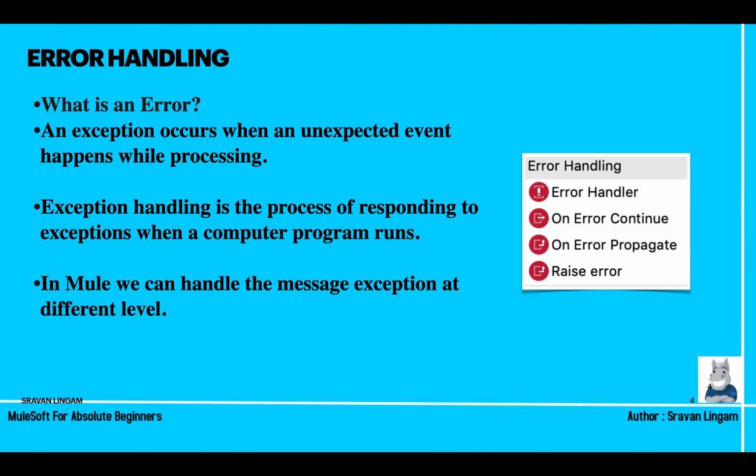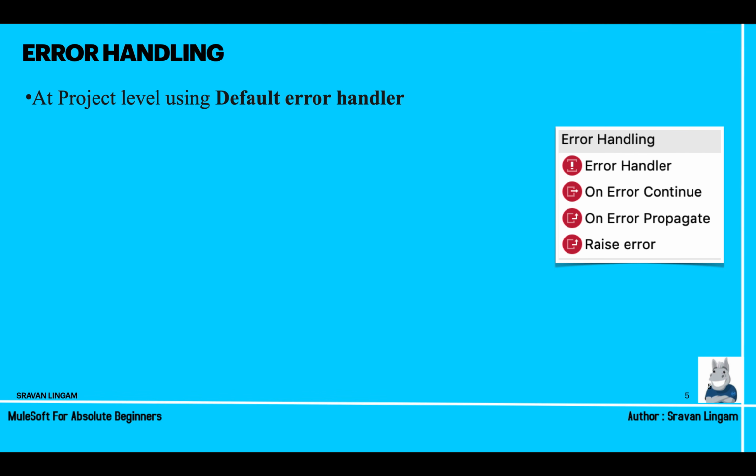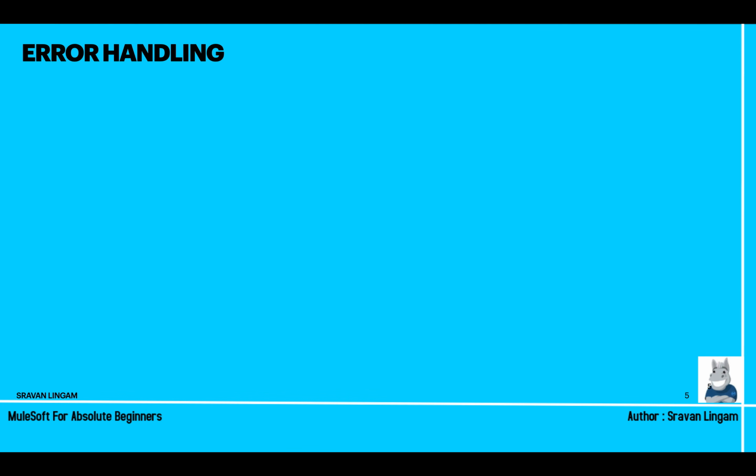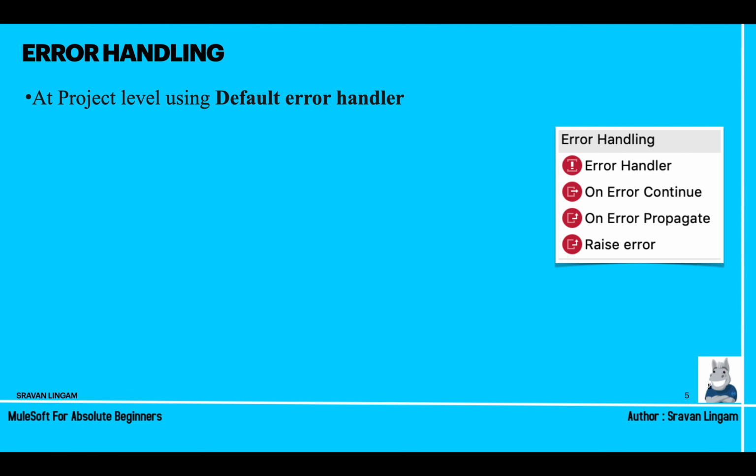In Mule we can handle the message exception at different levels. Again, I will go by both slides and hands-on, but these slides are really important because I try to simplify things. So I told you, Mule exceptions can be handled at different levels. The first one is at project level, your application level, using the default error handler.